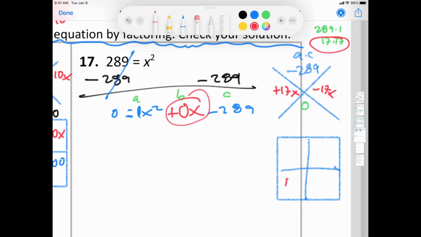That's splitting this term here. Oops, that looks like a positive, doesn't it? Oh, that's what it was. That was a 1, x squared and negative 289.